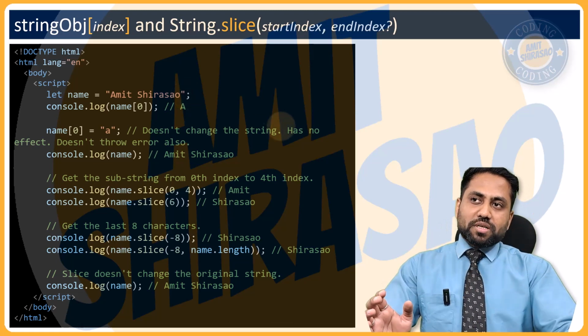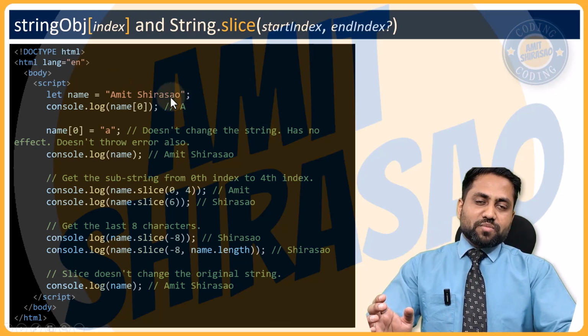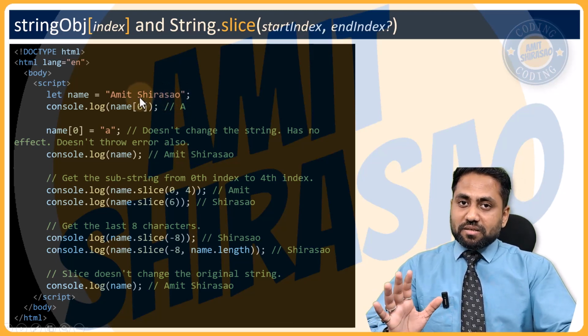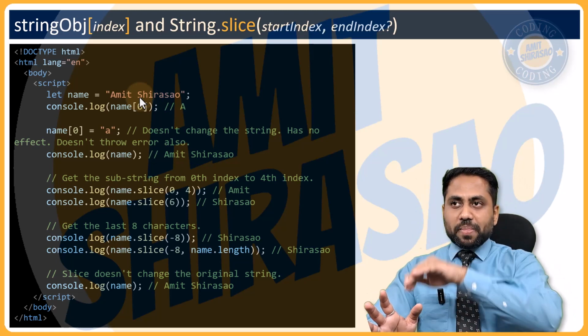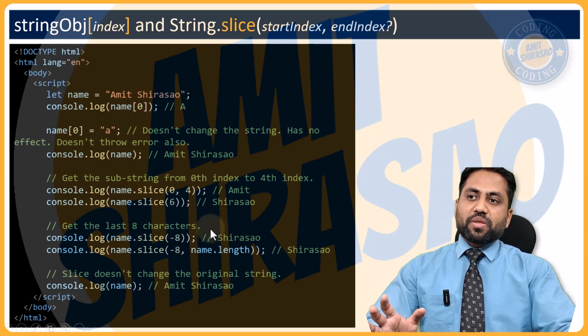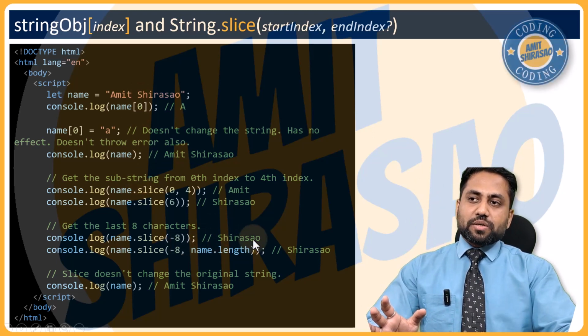So O is -1, A is -2, -3, -4, -5, -6, -7, -8 is S. So it will go until -8, it will include -8, and that much it will show. Okay. So that's why you'll get Shirasao over here.